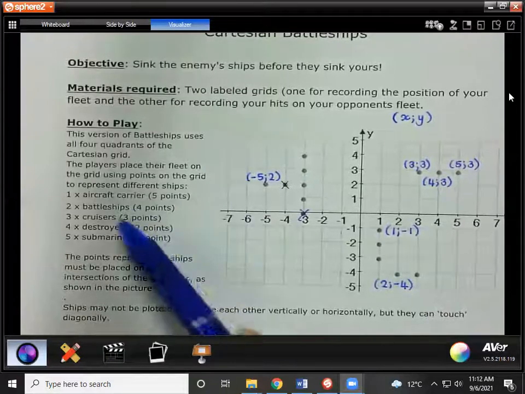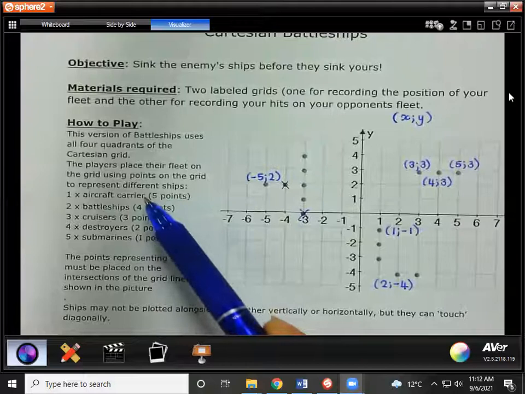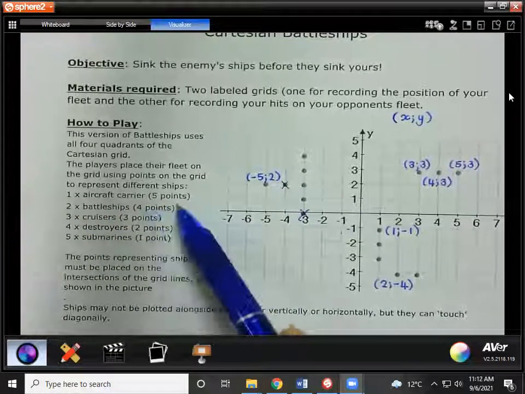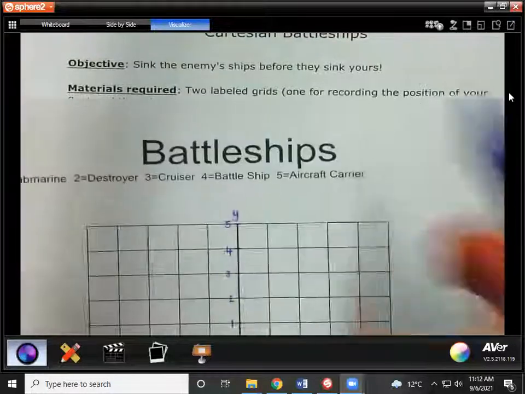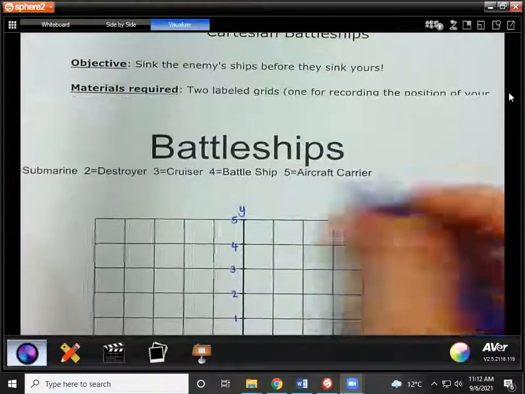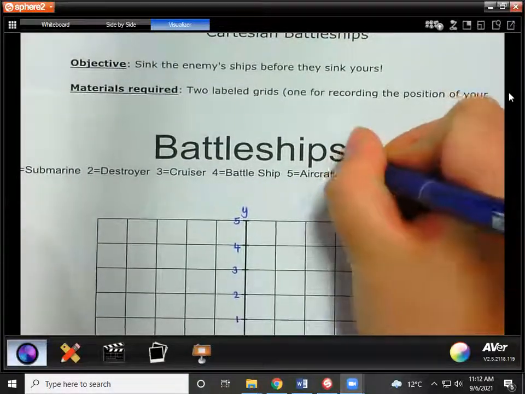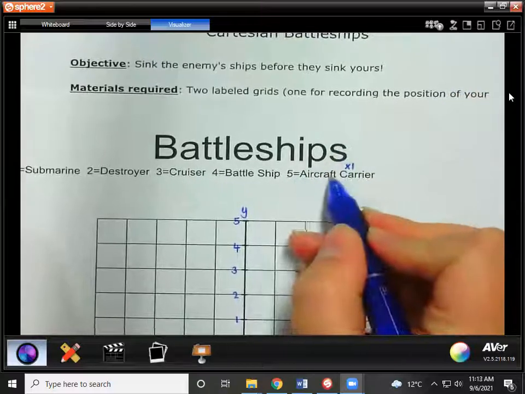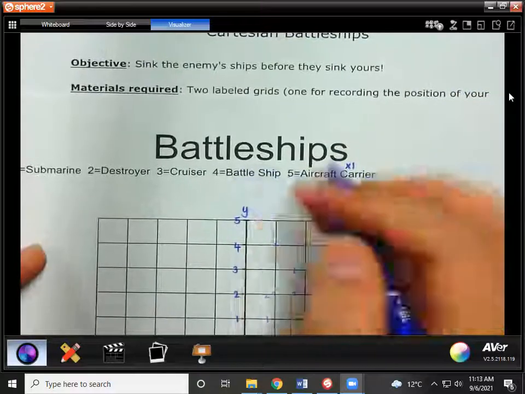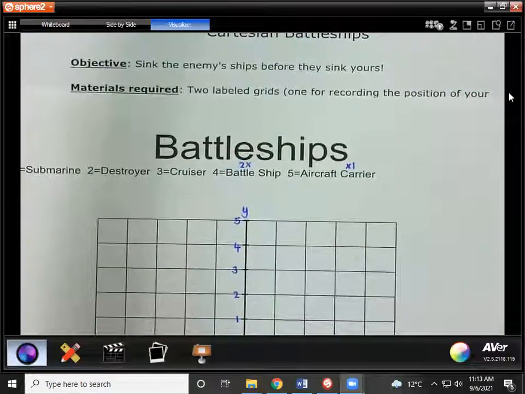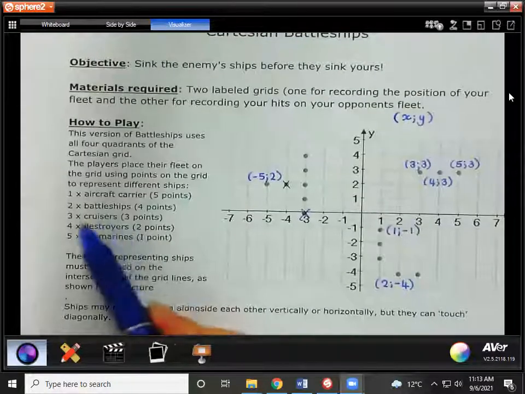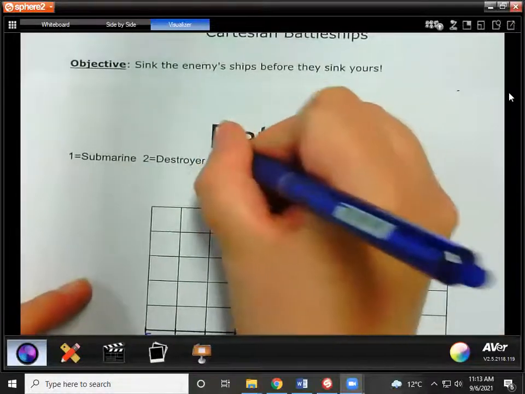So there's one that is 5 points long. There are 2 battleships, those are 4 points long. What I'm going to do is write under the aircraft carrier: there is ×1 of those, and they're saying 5 points is the aircraft carrier. There are 2 battleships that are 4 points long. 3 cruisers, so 3 of them are 3 points long, that is ×3.